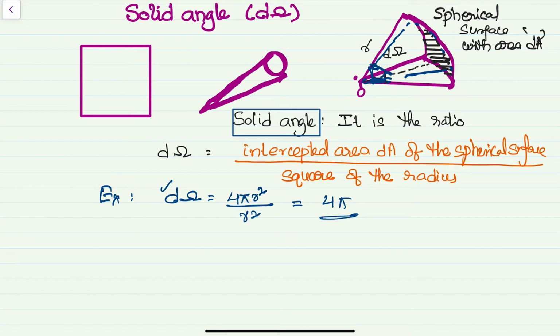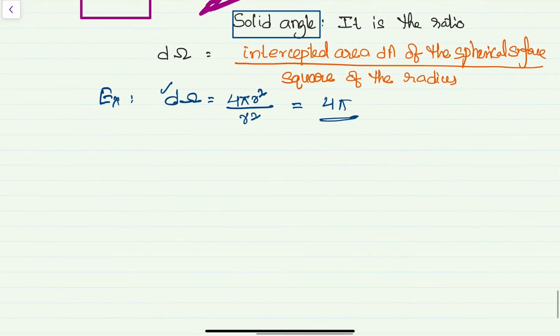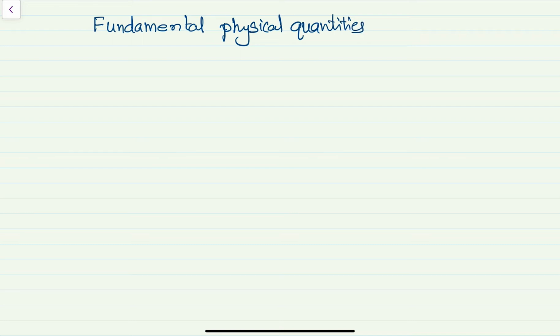Now let us see what the 7 fundamental physical quantities, or base quantities, are.